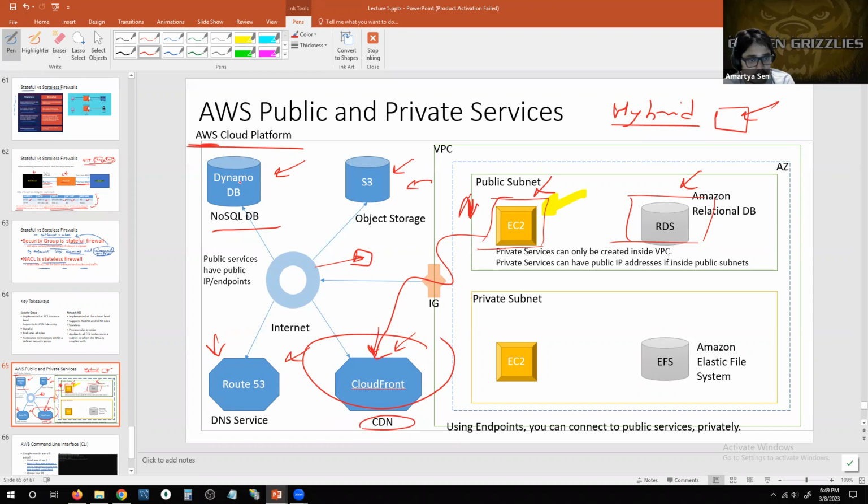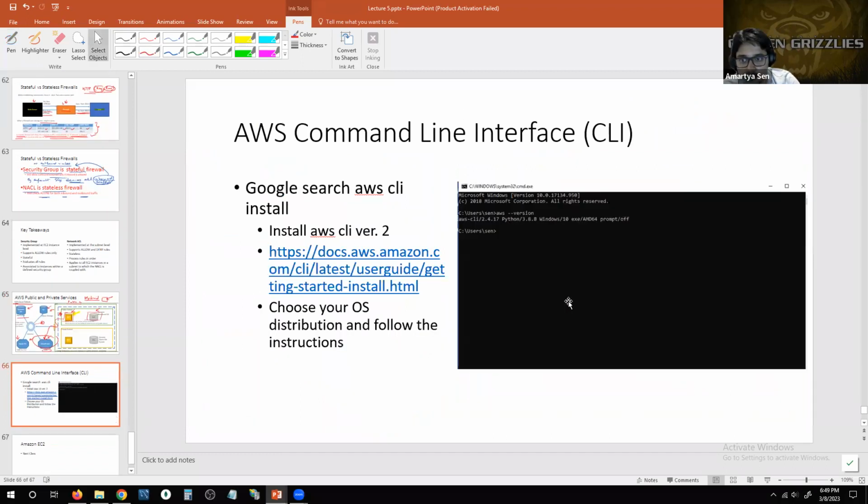So these are also some of the situations when you need to communicate, even if you're doing a complete public hosting of your organization's cloud infrastructure, you still will need to communicate with services that are available on the public internet, and it's not going to be present within the VPC boundaries of your organization's architecture. Okay, so that is the last piece of information with respect to VPC that you have to keep in mind.